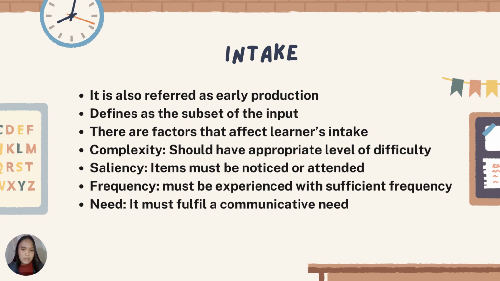So, if there is sufficient frequency or supplemented items regarding those things in grammar, then definitely the student will master the concept. So that's why these are considered factors that can affect the understanding of a learner.